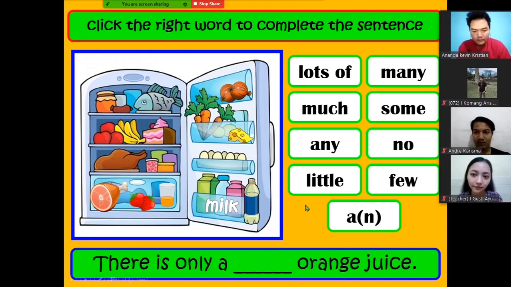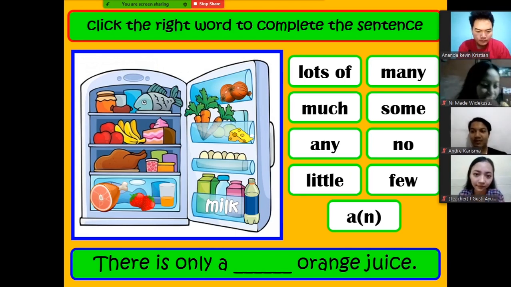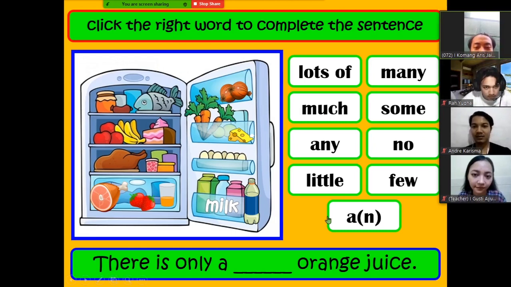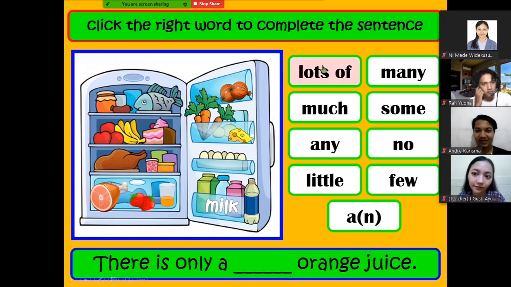Next, this is for Aris. There is only blank orange juice. Maybe lots of. Incorrect.